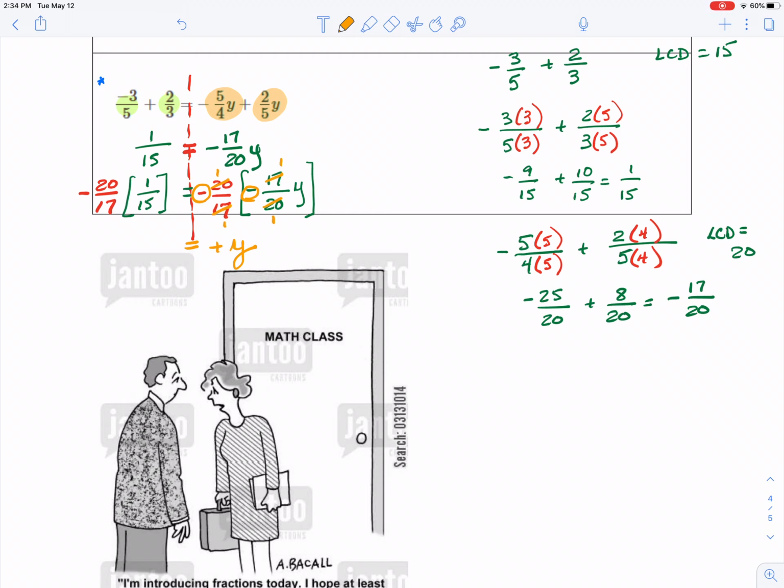Let's see. 5 into 15 is 3. 5 into 20 is 4. Yeah, I believe I can do that. So that looks like it's going to be a negative because I'm multiplying out here by a negative fraction. 4 on the top, and I think that is 51 on the bottom. And I've kind of made a mess, so let me come out here and write it a little bit better for you.